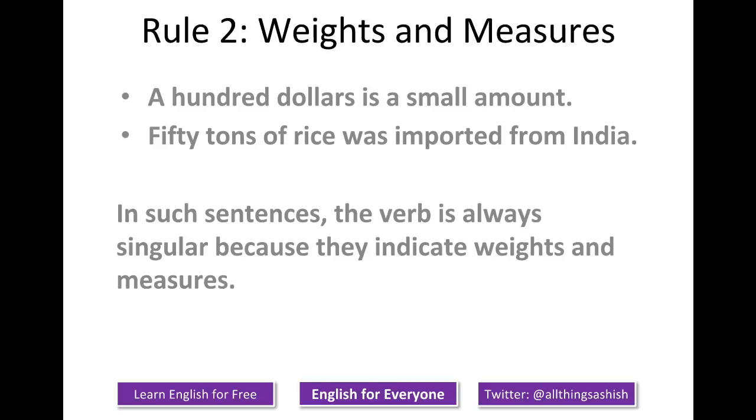The correct sentence would be 2 hours is a long time because we are referring to time. And similarly, if I say that 5 kilometers are a long distance, I'd be wrong because I'm referring to distance there. So it should be 5 kilometers is a long distance. So with weights, measures, time, distance, use a singular verb.